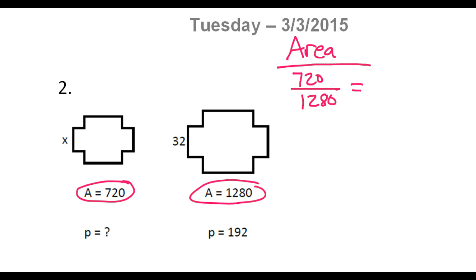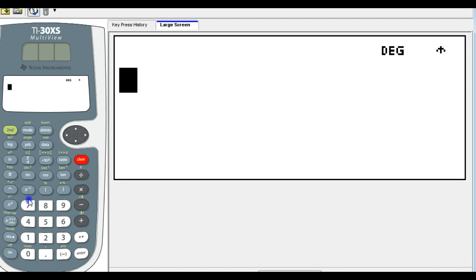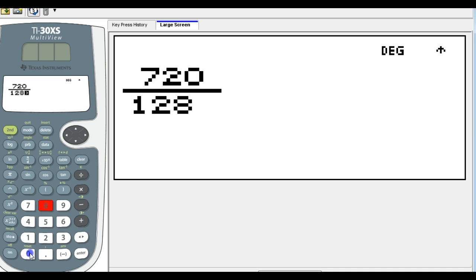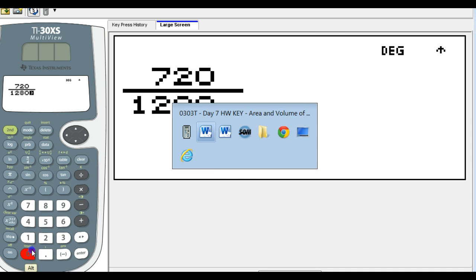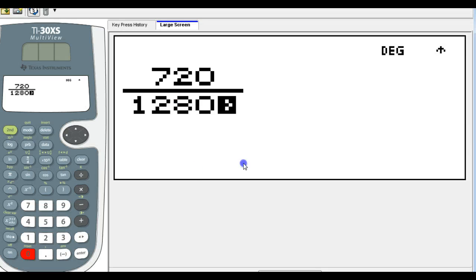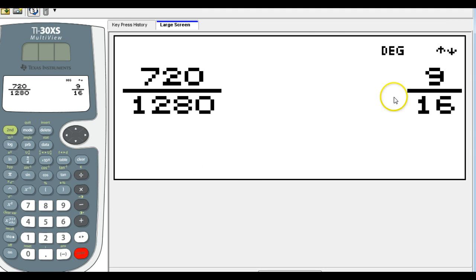Let's go ahead and reduce that. So that's 9/16.